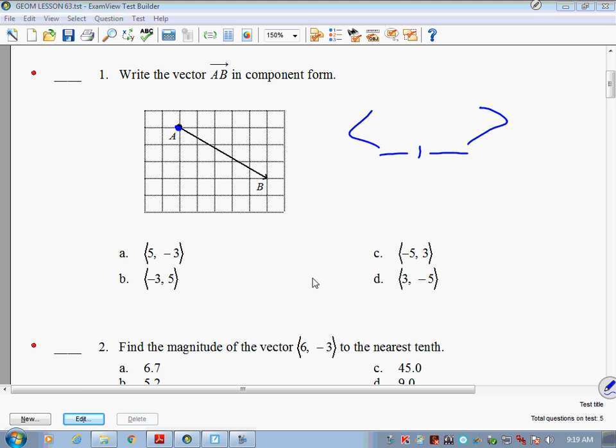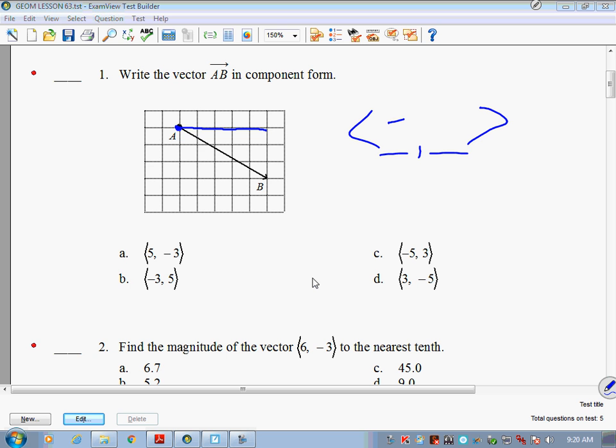X represents my distance left to right. So that I don't end up switching or swapping, I want to go left or right first, then up or down. So if I'm going to go over, I'm going to go over 1, 2, 3, 4, 5. Is that a +5 or a -5 though? +5, because I'm going 5 to the right.